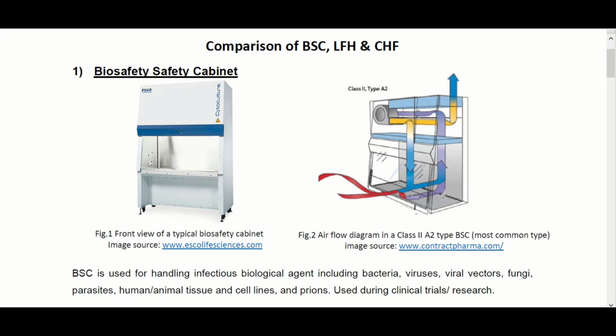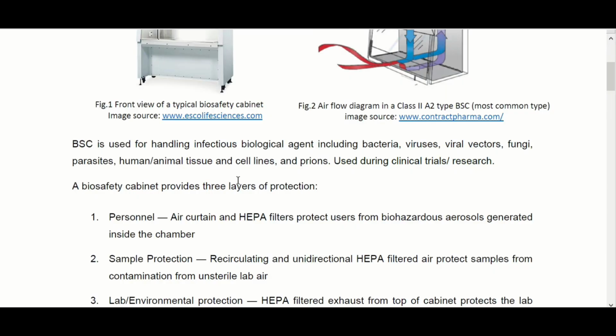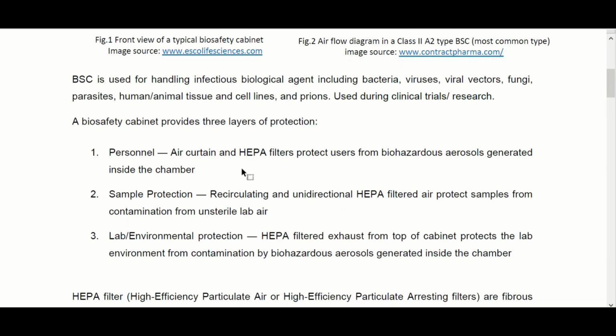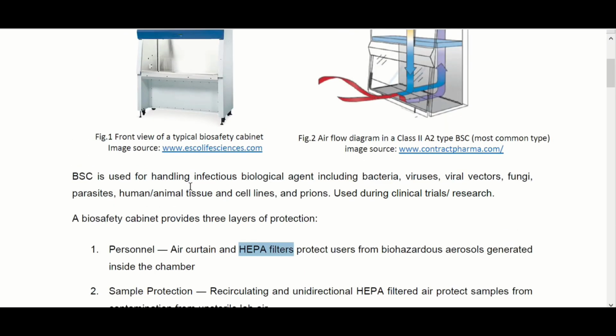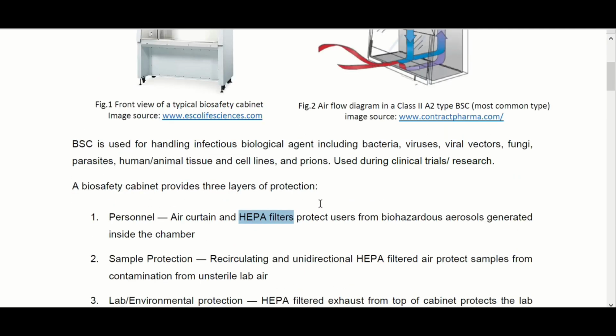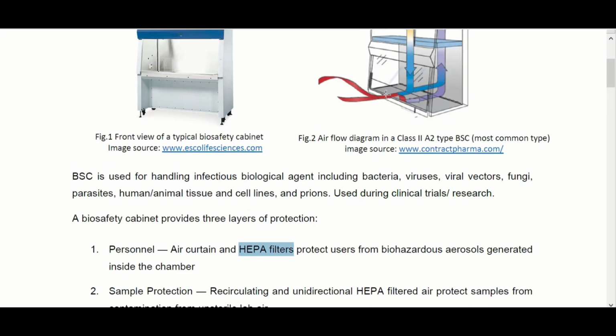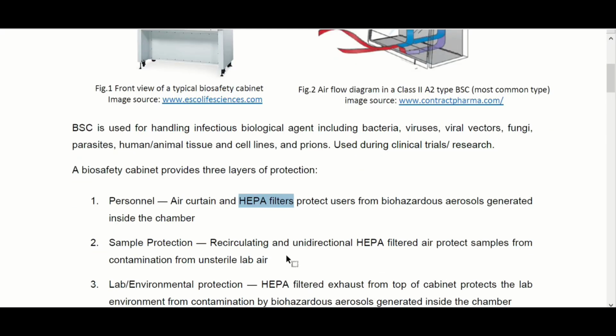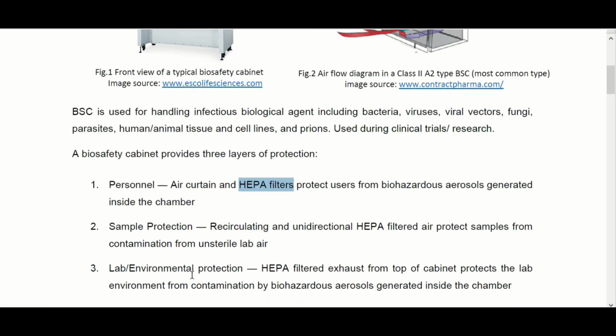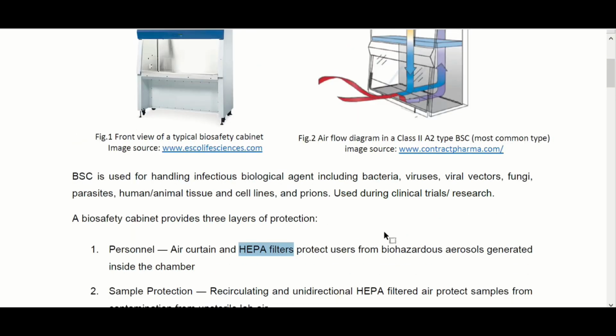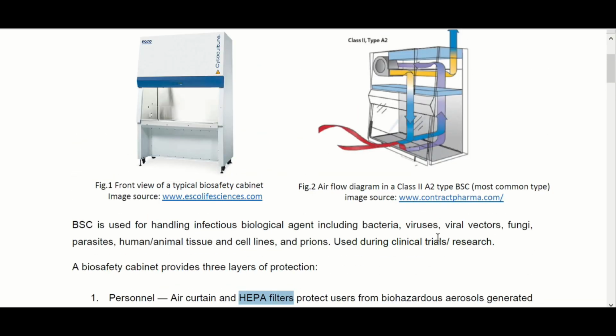You can read the notes by yourself, but some of the main features are the HEPA filter and air curtain that help protect the personnel, because no air comes out, only air goes in. Sample protection, because inside it's a clean environment. And environmental protection, as I mentioned, the air that goes out is filtered.